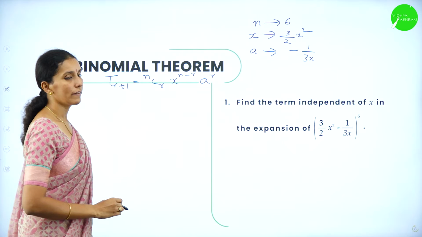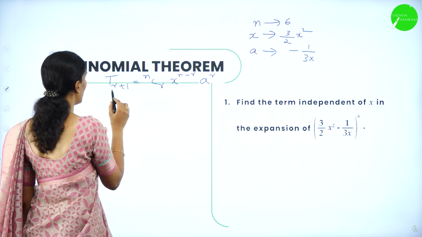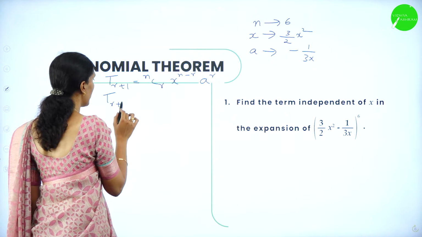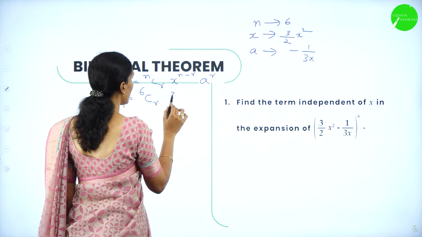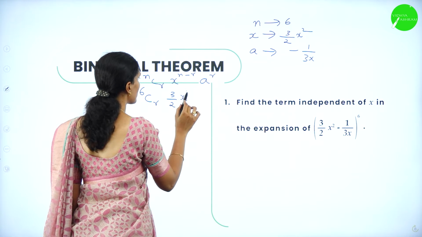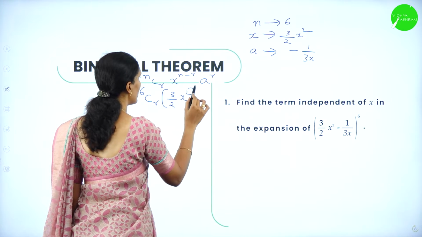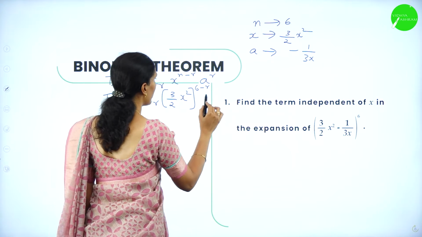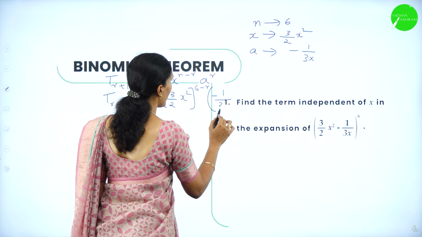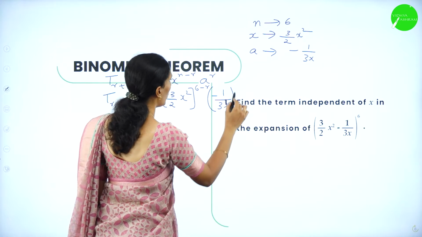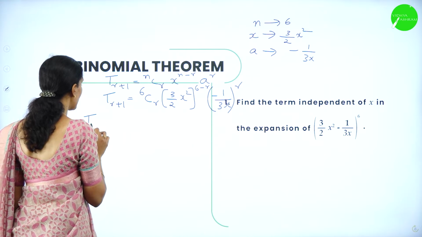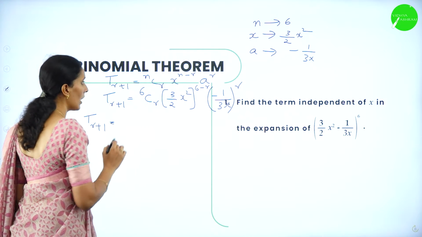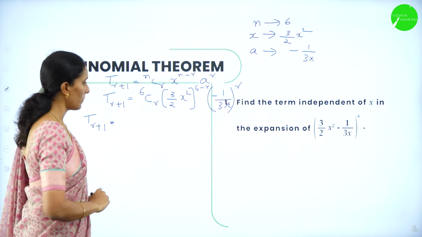I don't know the value of r, so let me keep it as it is. It is 6Cr (3/2 x^2)^(6-r) times (1/(3x))^r. Now, evaluate this separately. Write all the numerical coefficients separately.